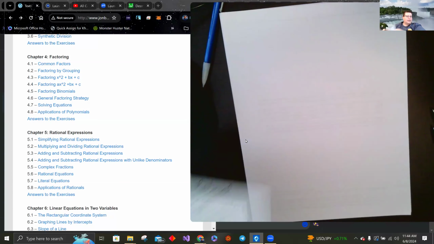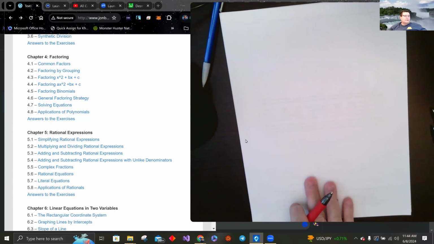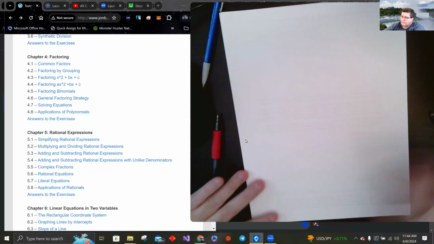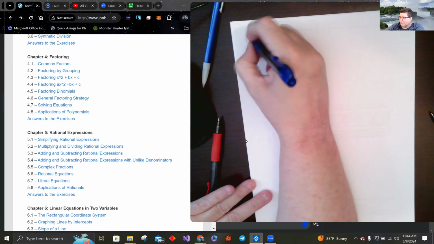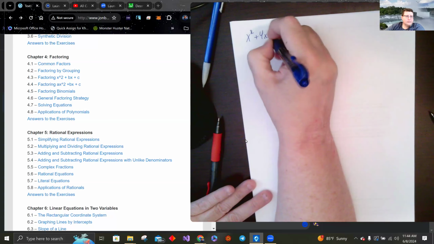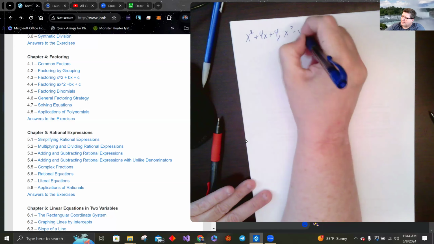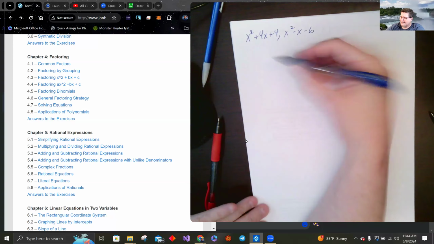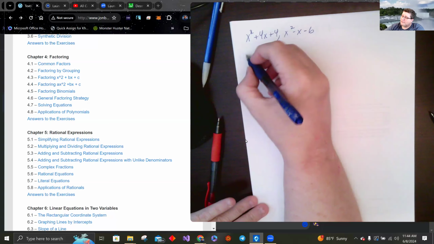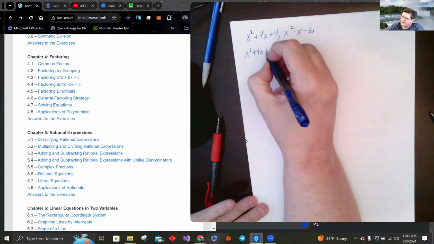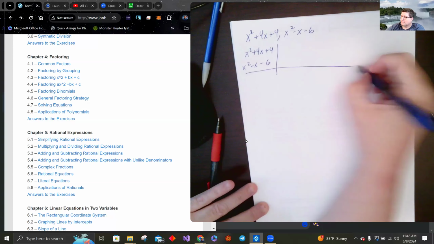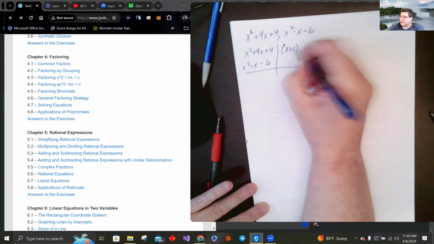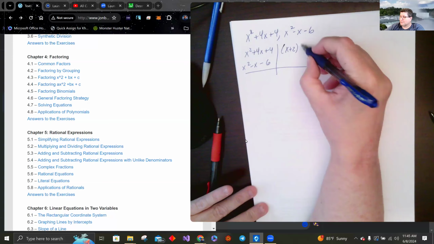All right, let's take a look at another one. Get you some practice on this. x squared plus 4x plus 4 and x squared minus x minus 6. We're going to find the LCD, assuming these are denominators. Pause the video and try to work this out, see what you get. This is x plus 2 times x plus 2.